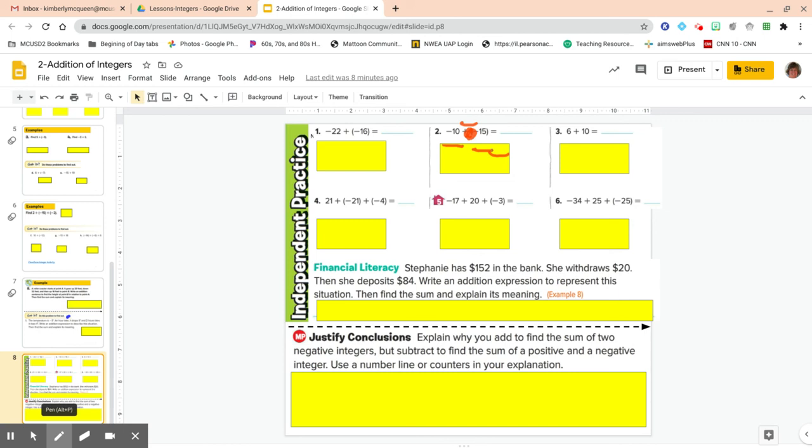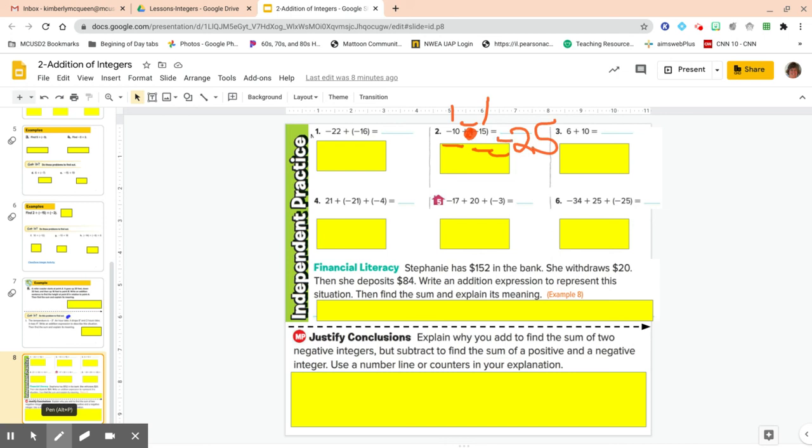Let's think about that in real world terms. Down 10 degrees, and it gets colder, 15 more degrees. Well, I'm obviously not going to be in the positive degrees because it keeps getting colder. So I add my 2 numbers together, same signs, add and keep. I add the numbers together and I get 25, and I keep that same sign. It becomes a negative 25.